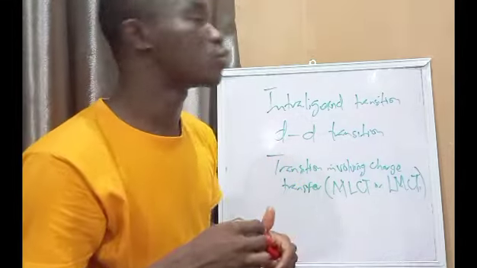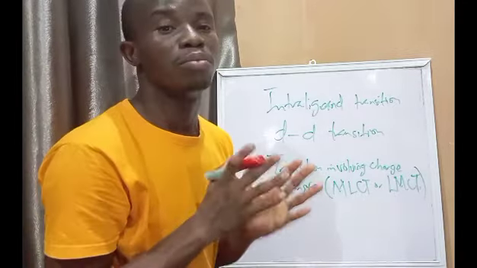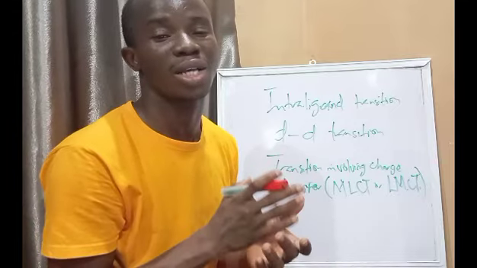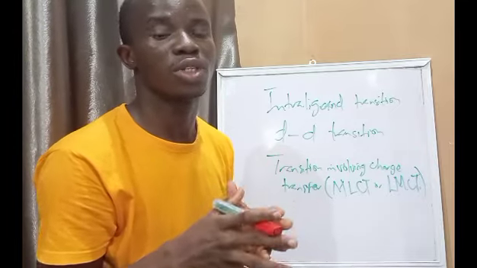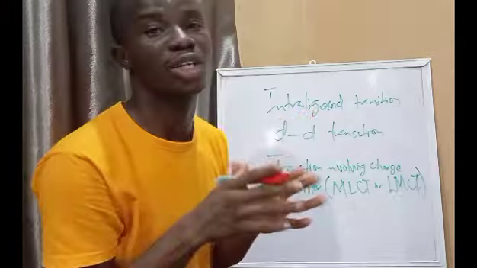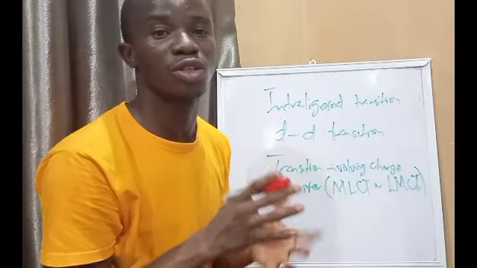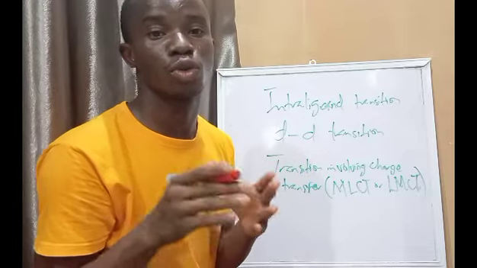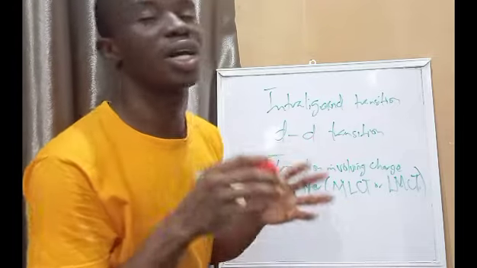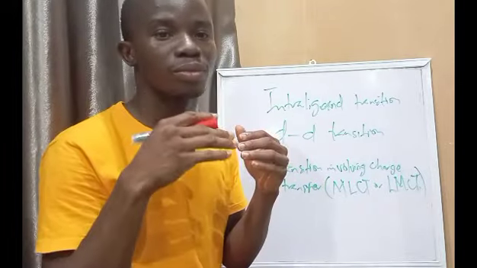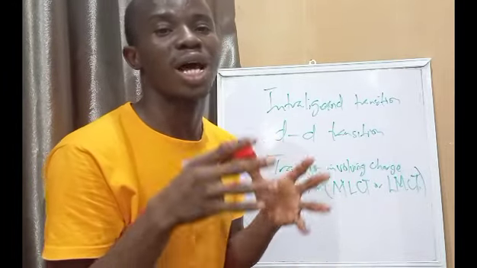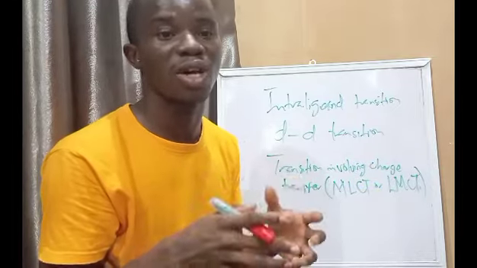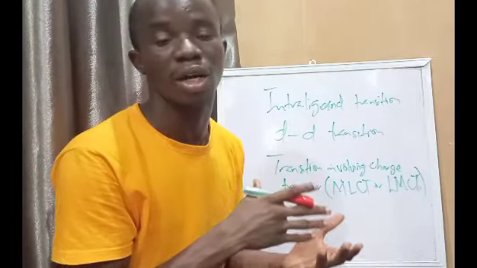Now, let me start first with intraligand transition, because we are looking at metal complexes involving organic molecules as ligands. It gives us a possibility of having an intraligand transition, which are some of the transitions we've talked about under the UV spectroscopy technique. These are transitions occurring within the ligand of the metal complex, specifically the organic ligand.